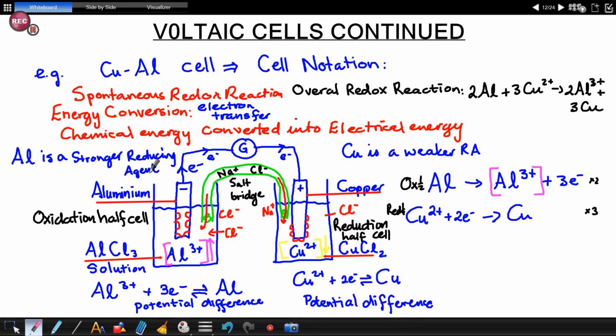The stronger reducing agent will form the anode, the negative electrode where oxidation takes place. So the anode is the electrode where oxidation takes place, and the weaker reducing agent will form the cathode. So the cathode is where reduction takes place.